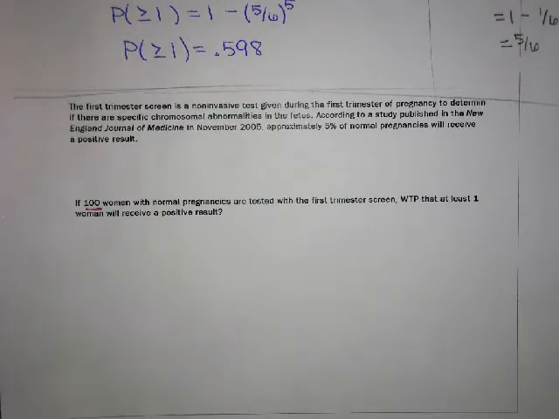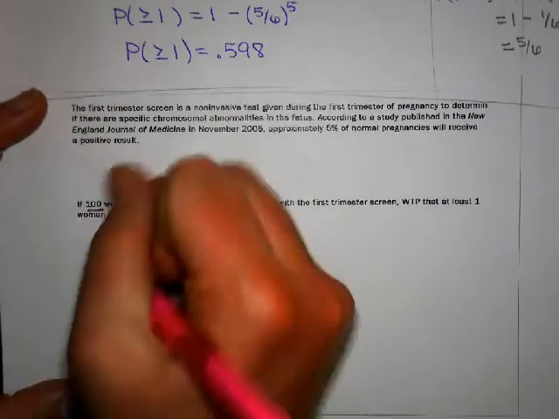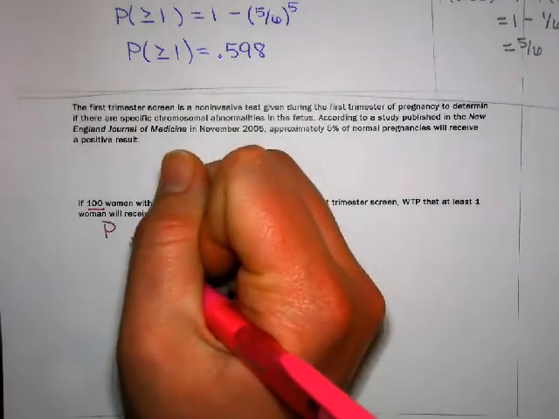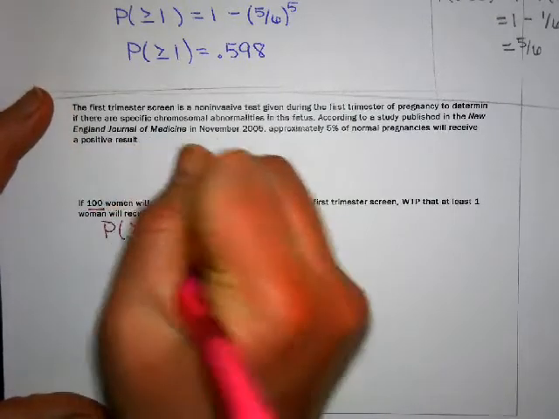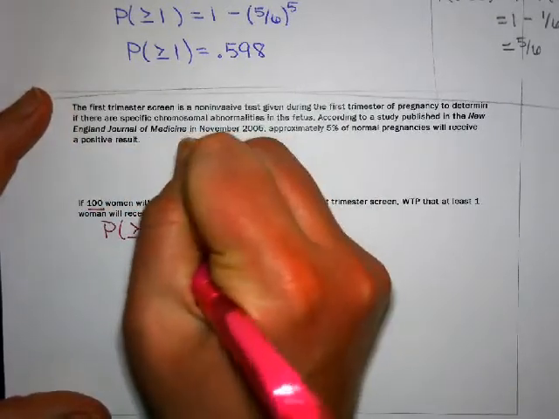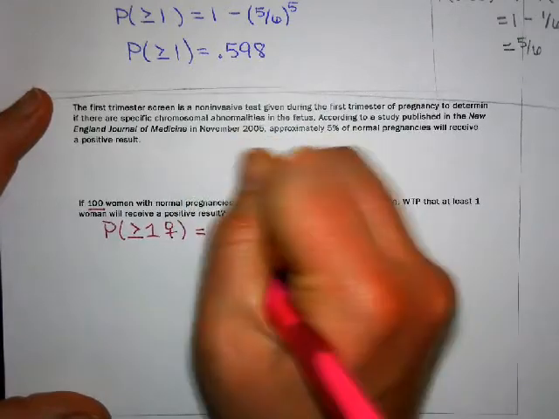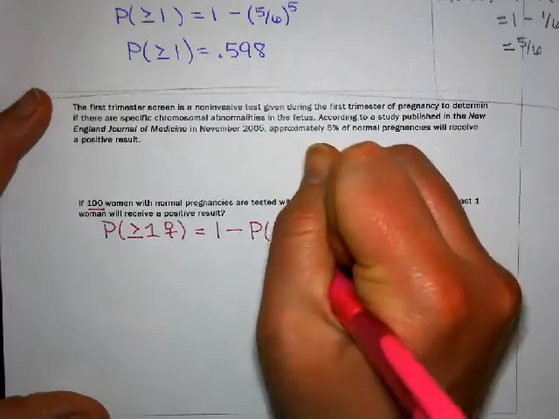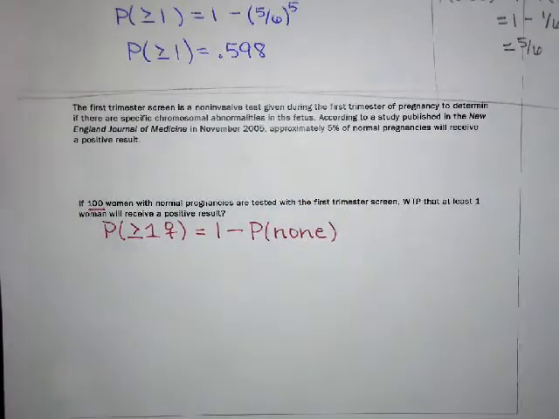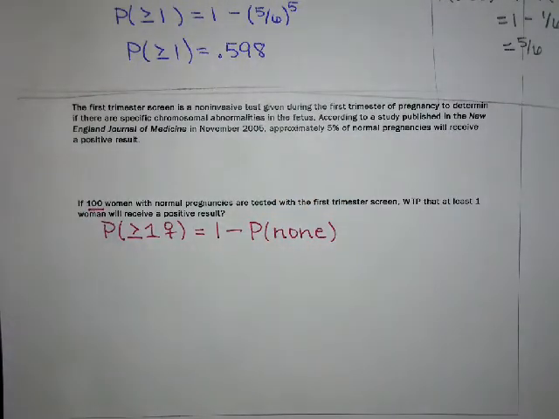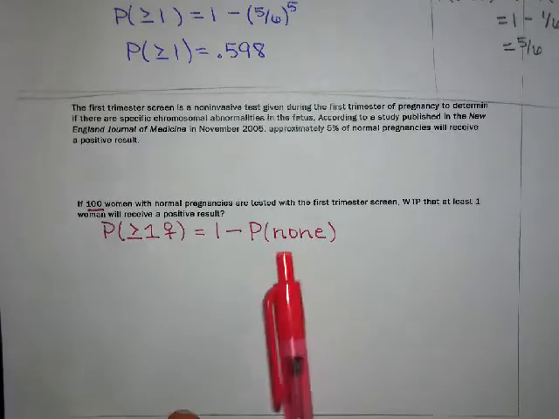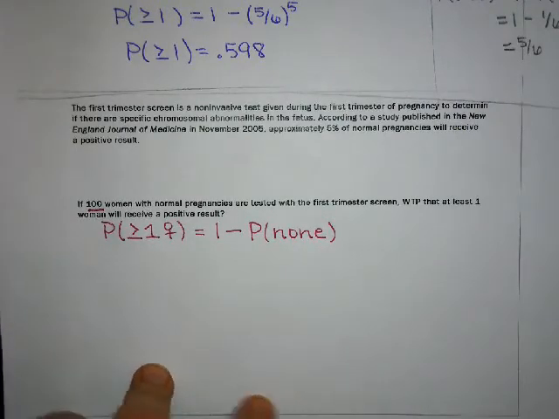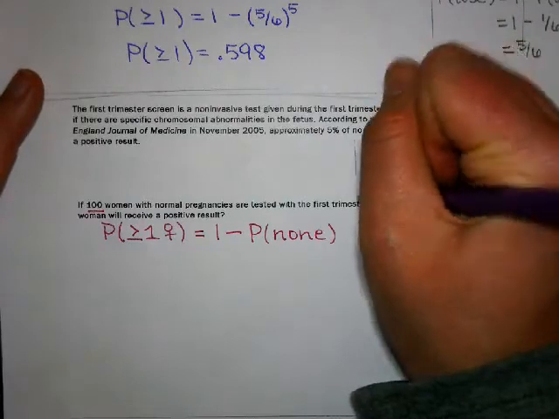So probability of at least one woman is going to come from 1 minus the probability that none of them get that positive test. So remember, the probability that none of them get a positive result is a complement rule in itself.